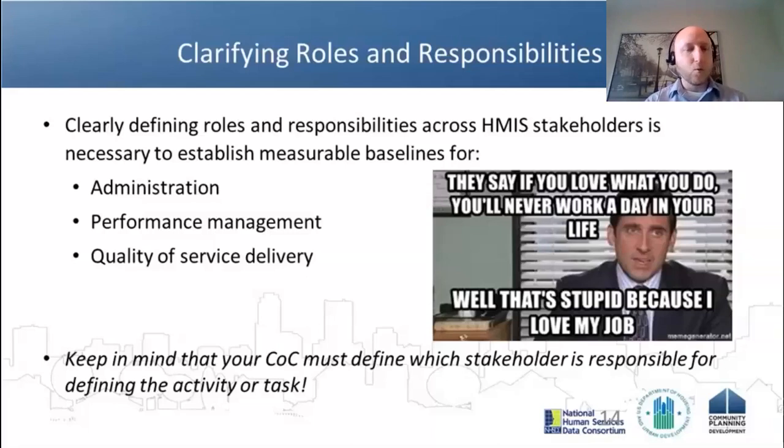So in trying to think through what the baselines are and how they are shared, it makes sense to go through them topic by topic, domain by domain. Keep in mind, especially, that your CoC is the one responsible for setting up your HMIS governance structure and model, and then within those groups of stakeholders, defining who is responsible for what.